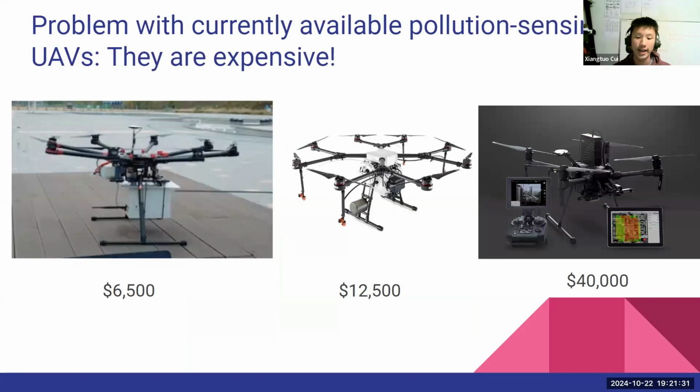There are already a handful of such pollution monitoring drones available on the market. Presented here are 3 such examples, and they range from around $6,000 to nearly $40,000.